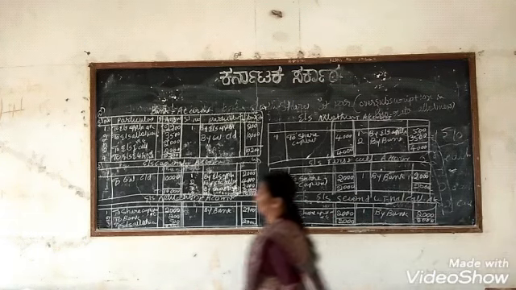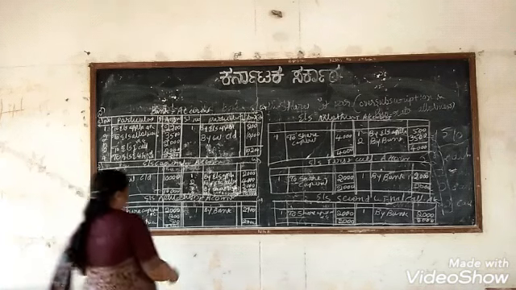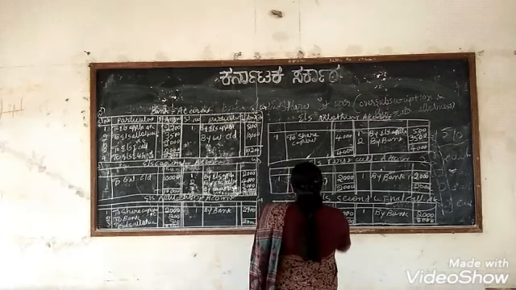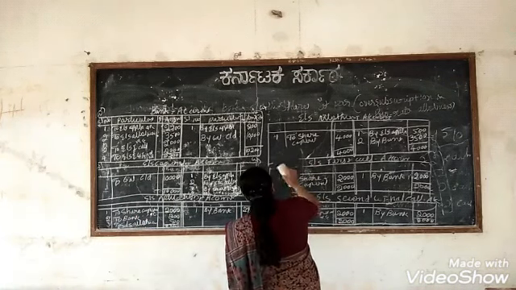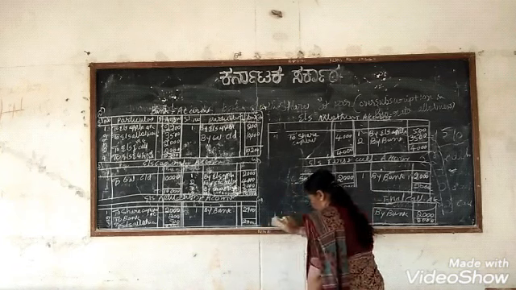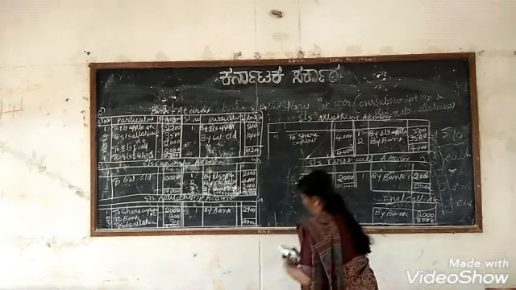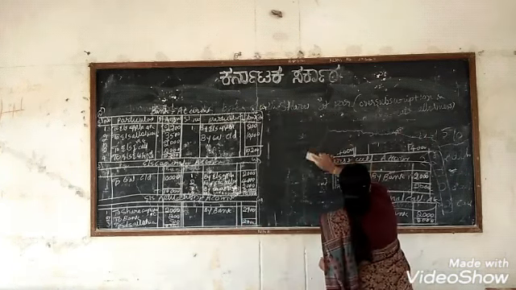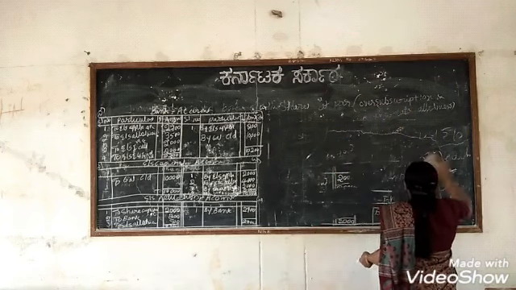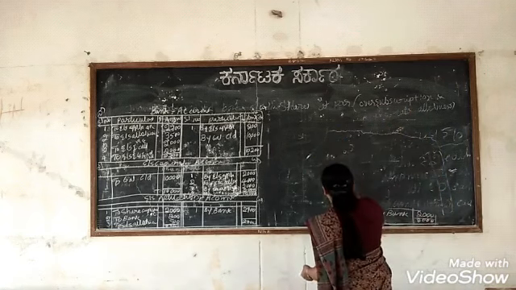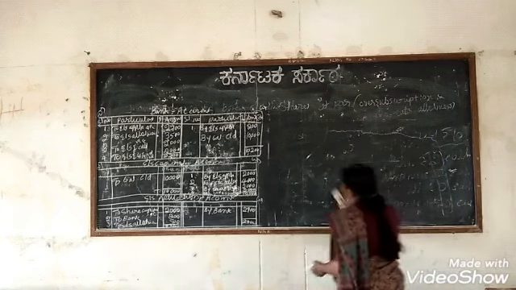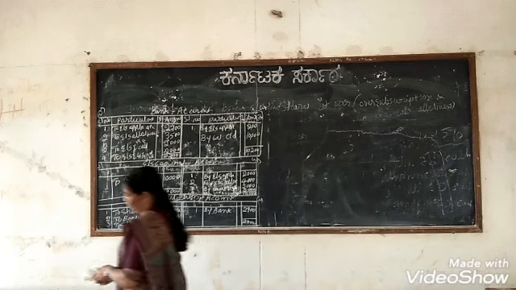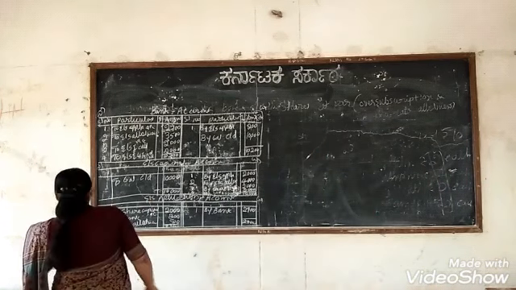Now we have to prepare the balance sheet. Let us prepare it. Here we cannot prepare a full-fledged balance sheet. We can show only some items because other things are not there, only bank and capital.